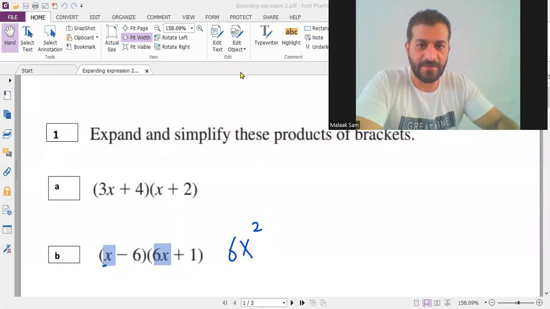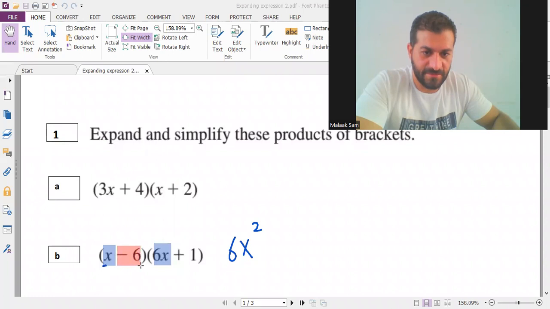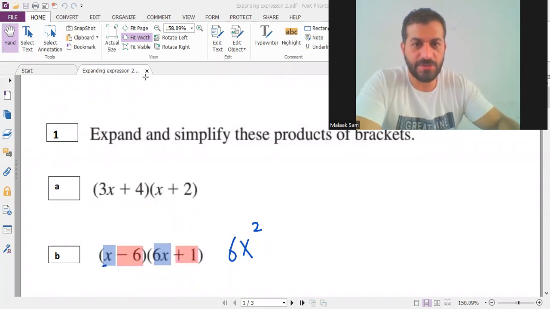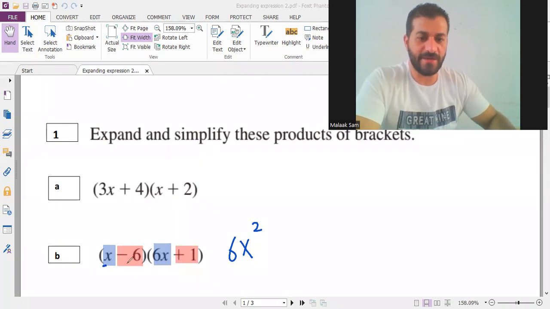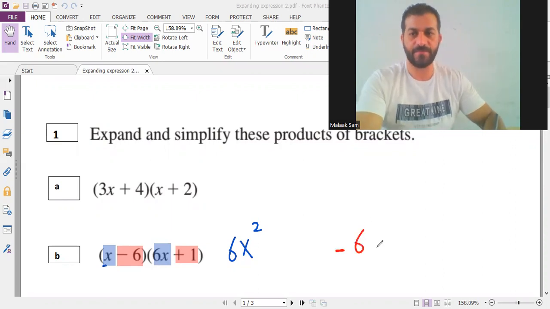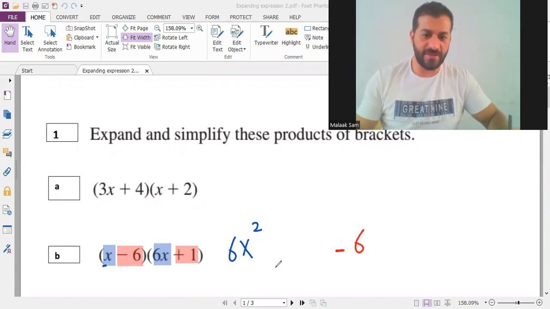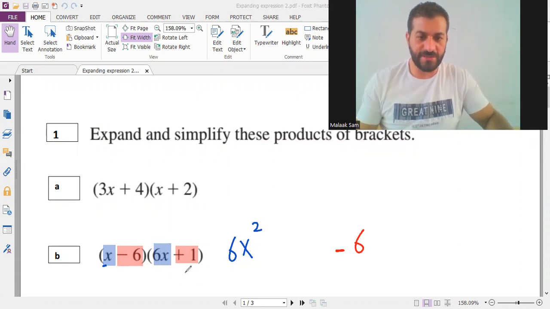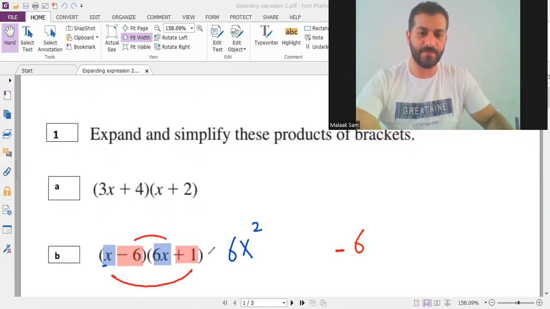After that, multiply the second, negative 6, by 1. So when multiplying negative times positive, it's negative, and 6 times 1, it's 6. Okay? And what is in the middle? As I said, the term which is in the middle is the product of extremes plus the product of means.